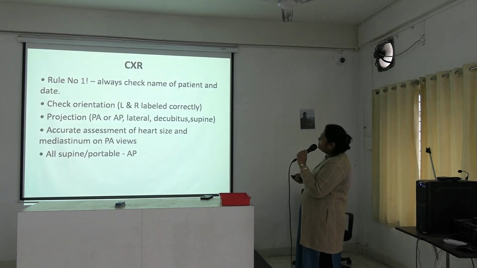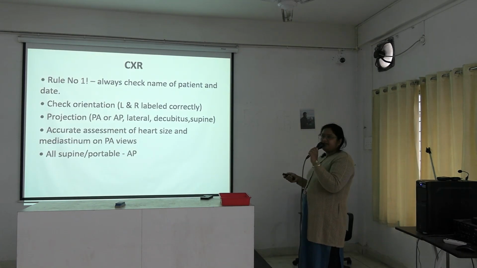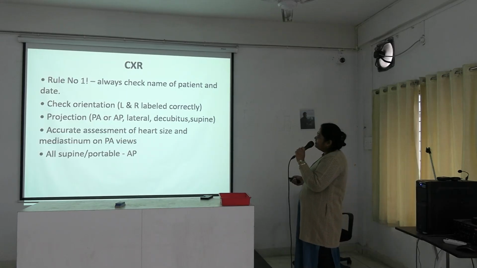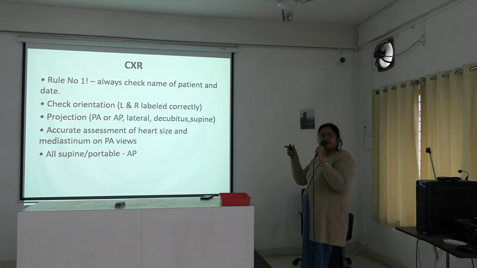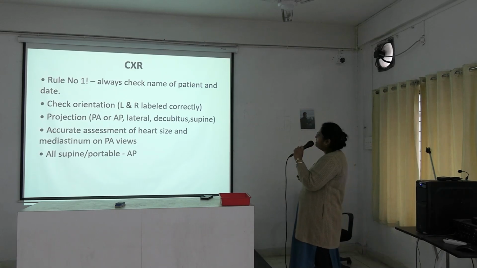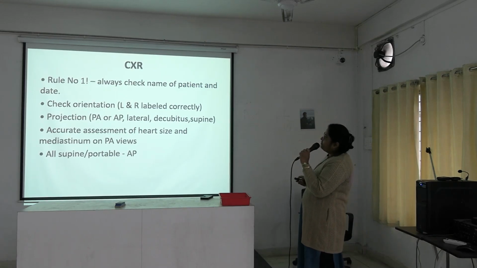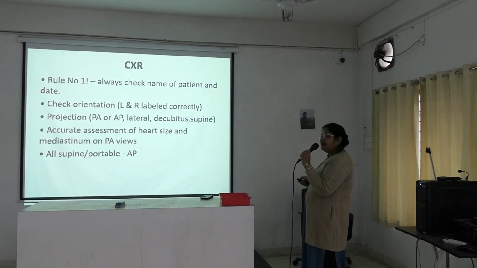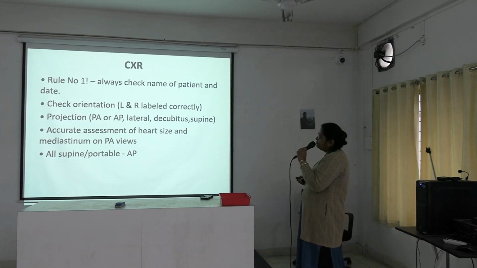For chest X-ray, you have to understand, always check the name and date when it was done. Check the orientation: right and left is labelled somewhere on the X-ray plate. Check the projection: whether it is PA or AP or lateral view, or in which decubitus or supine position it has been taken.